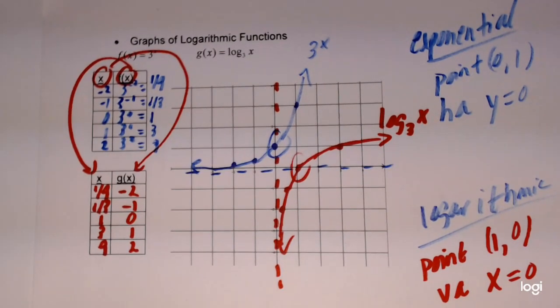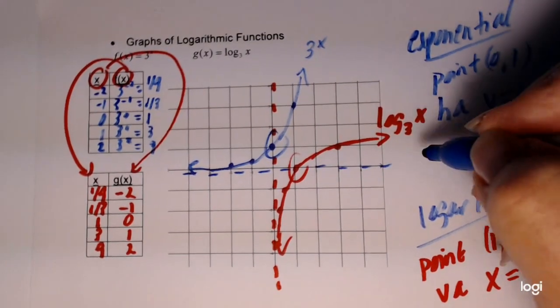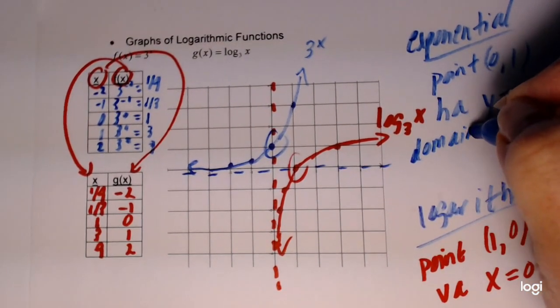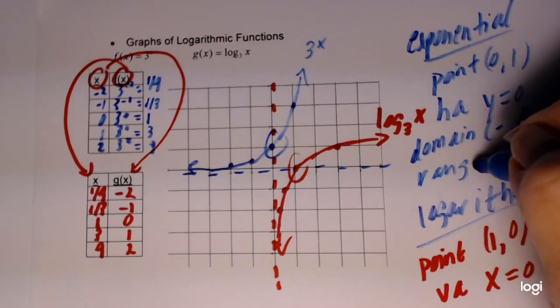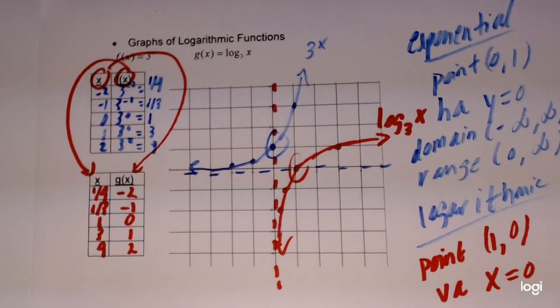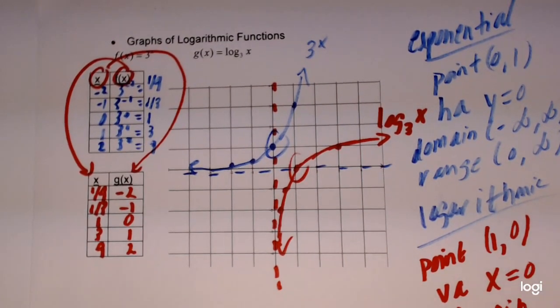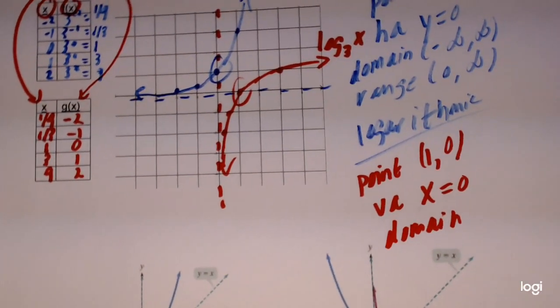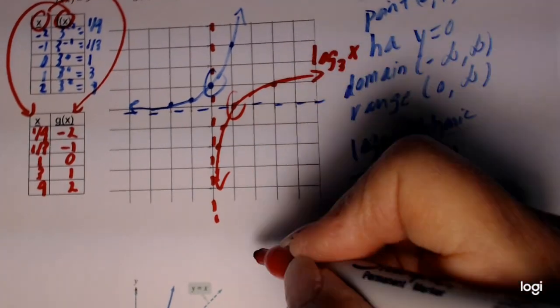Okay, how about domain and range here? For exponential functions, our domain is negative infinity to positive infinity, and our range is 0 to infinity. For our logarithmic functions, domain, and where can I squeeze in?